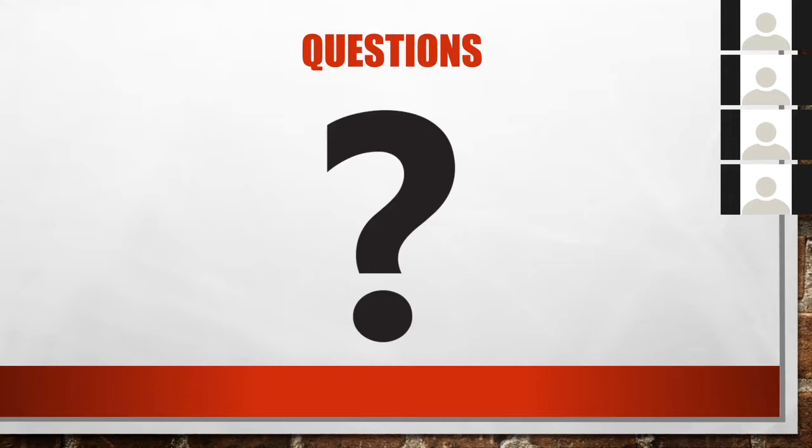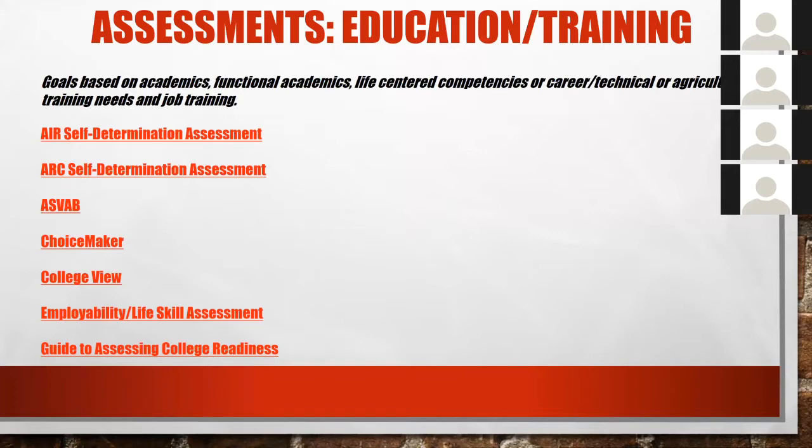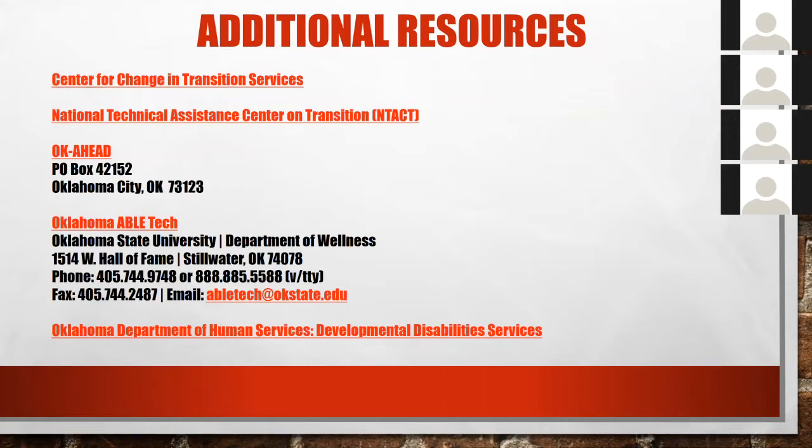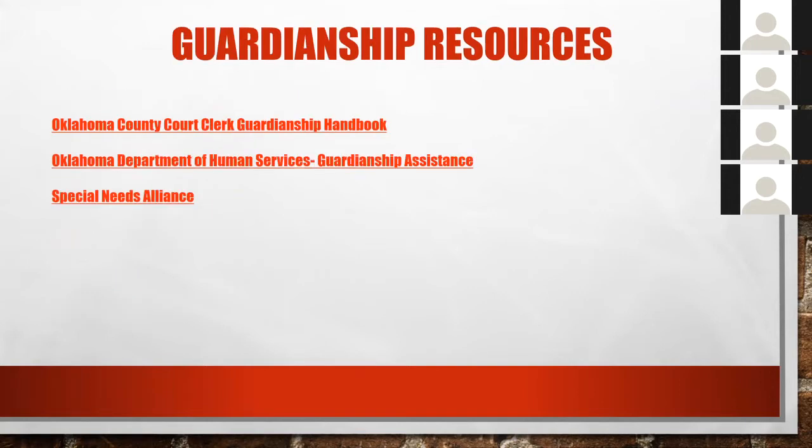Okay, and I apologize for skipping through these quickly, but I do want to show you, we have included some additional resources at the end of the slides, and one of the things is some guardianship resources. So the Oklahoma County Court Clerk has a guardianship handbook that you can let your parents know about. Even if you don't live in Oklahoma County, there's still useful information.